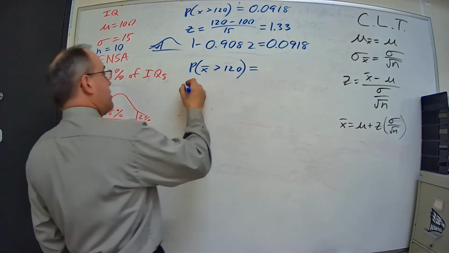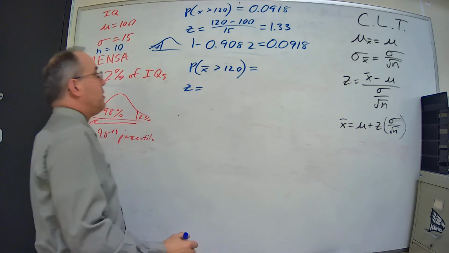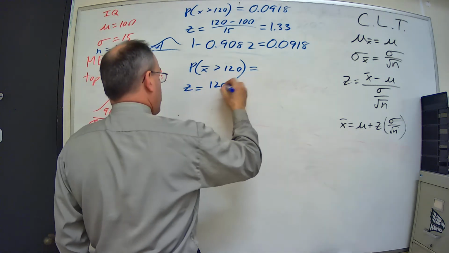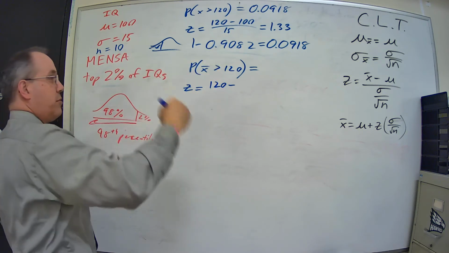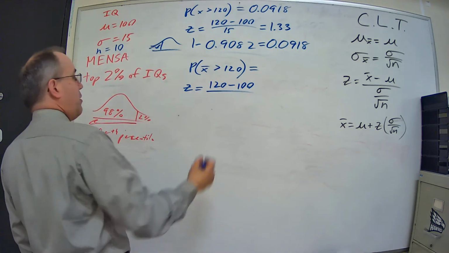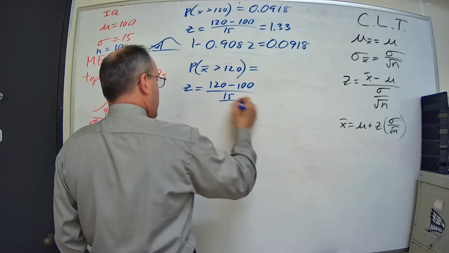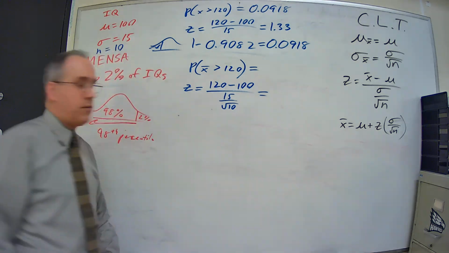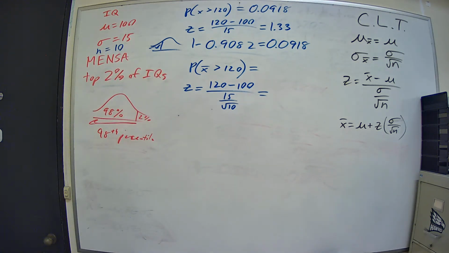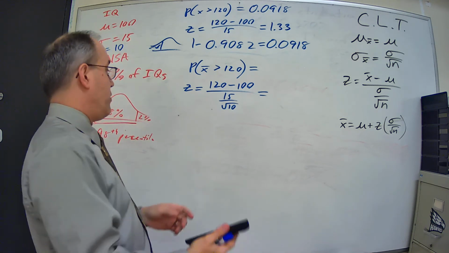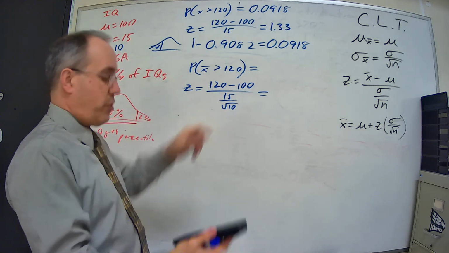Well, z is equal to x bar, 120, minus mu, 100, over sigma, 15, over the square root of 10. So I'm just going to quickly go through that with the calculator. 120 minus 100 is 20, of course. We want to take the square root of 10.